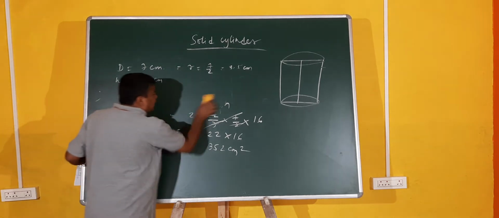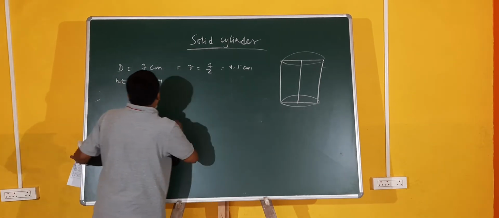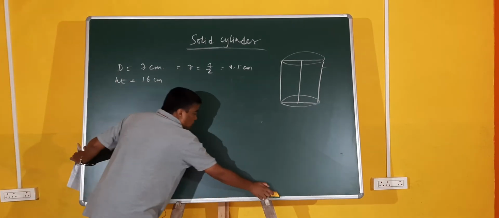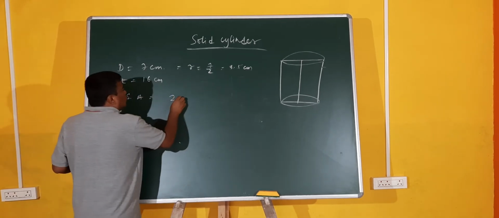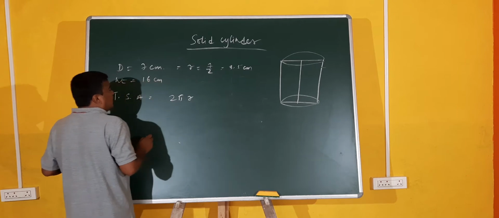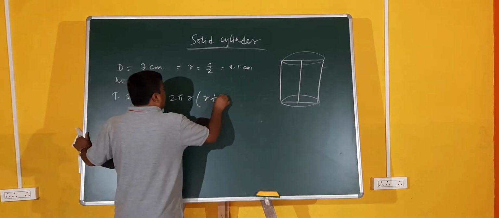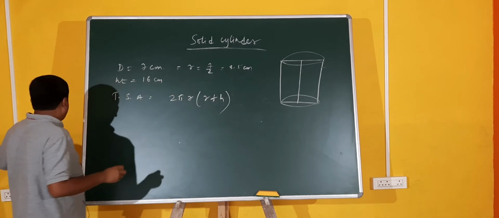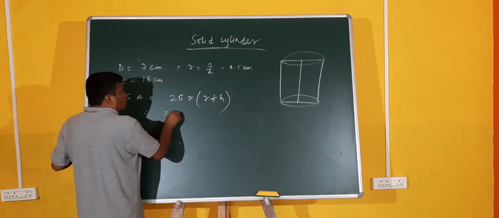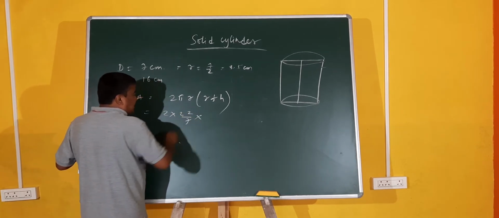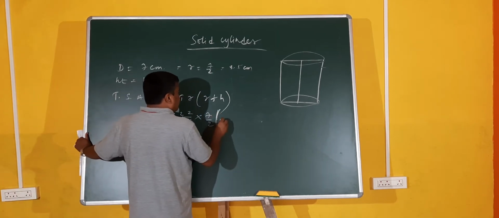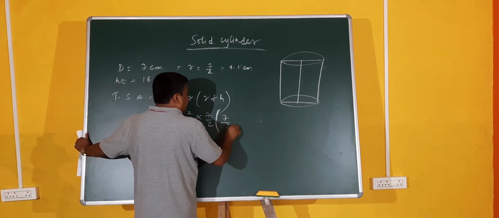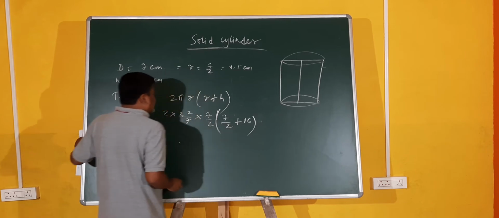Now, last one is total surface area. Total surface area formula is 2 pi r (r plus h). Now 2 into 22 by 7 into (7 by 2 plus 16).